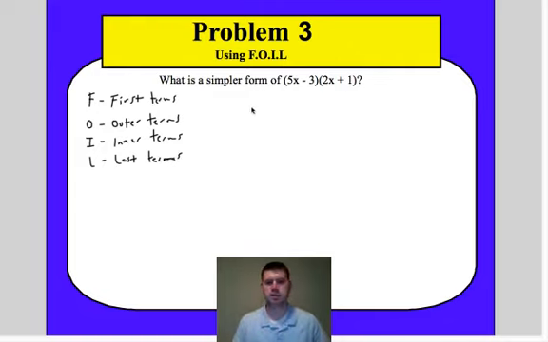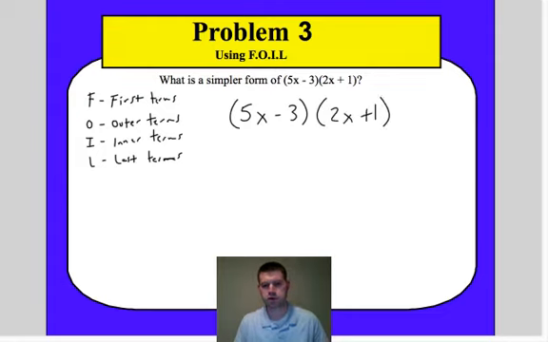Now as I write this up, I'm going to make this a little bigger. So we have 5x minus 3, and we have 2x plus 1. When we go to the first terms, it's kind of like the distributive property, just in a different format than the previous problem.